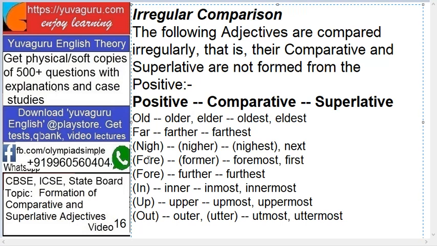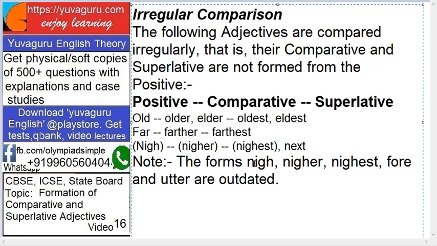Okay? For. Then foremost and first. Fore, further, furthest. In. Then you say inner, innermost. Up, upper and uppermost. Out, outer and utmost.